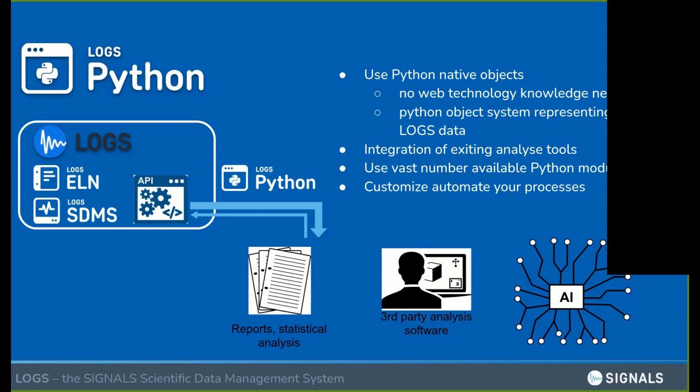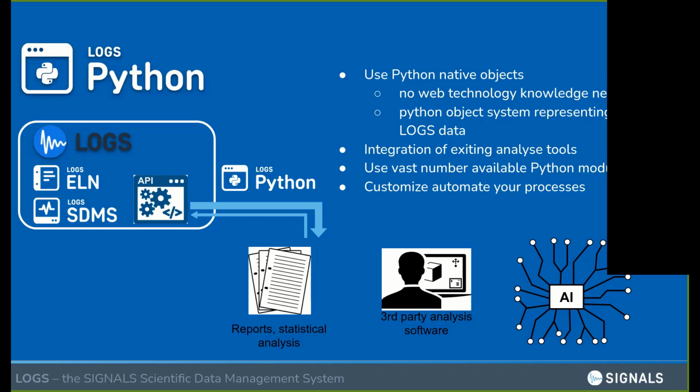And you can customize and automate all the processes that you have in your lab daily. For example, imagine that you do a measurement, logs gets this data from the measurement, you have a script running after that automatically that analyzes this measurement, puts the analysis back to the server, so you have automatically analyzed your data, and you can also create, for example, reports, statistical analysis on the measurements that you did before.